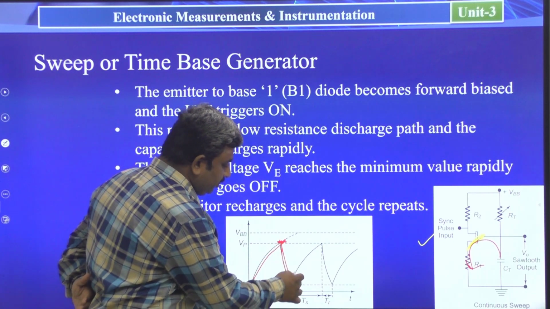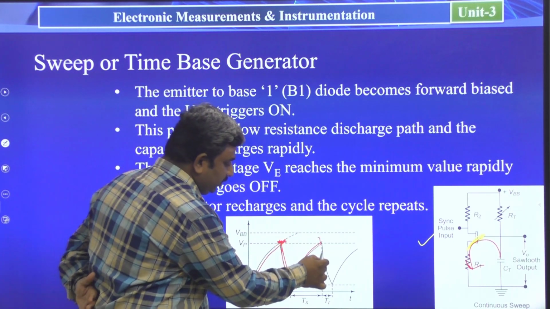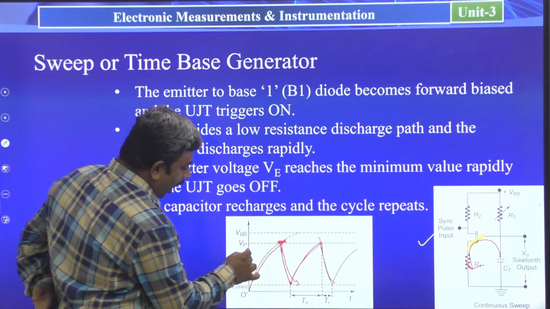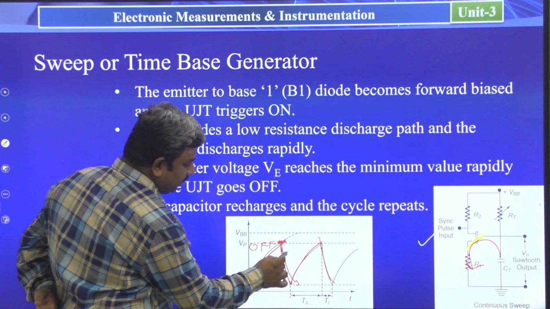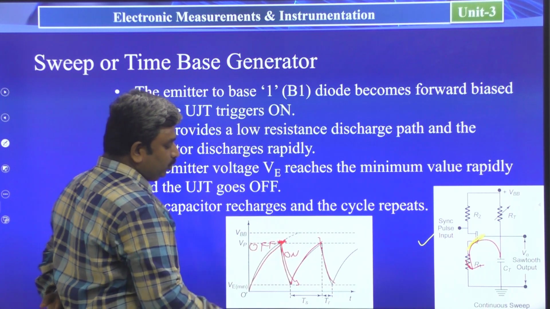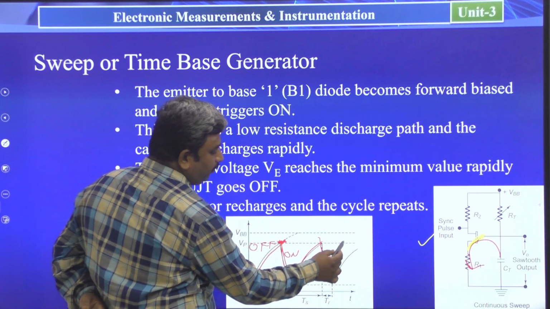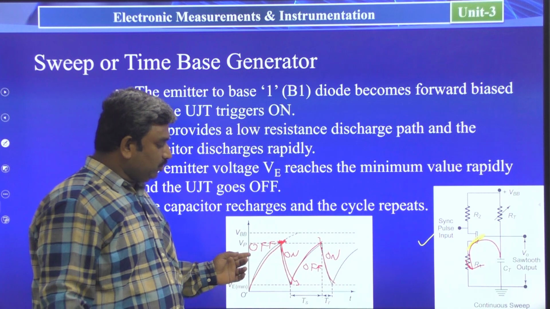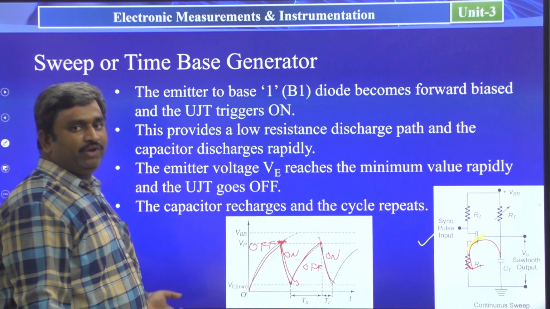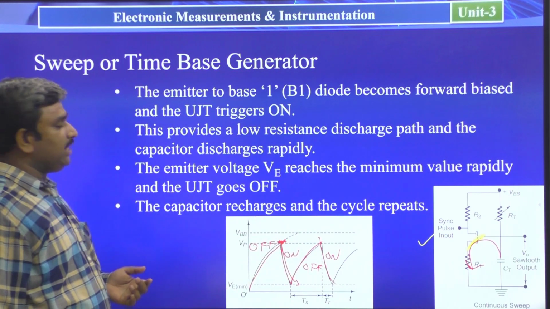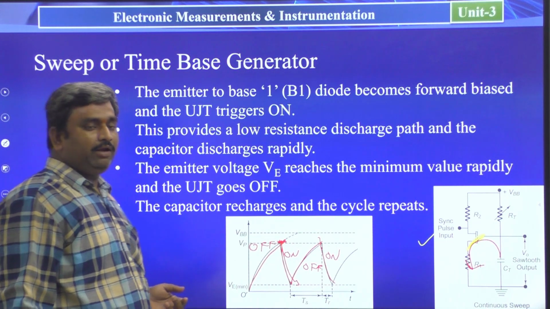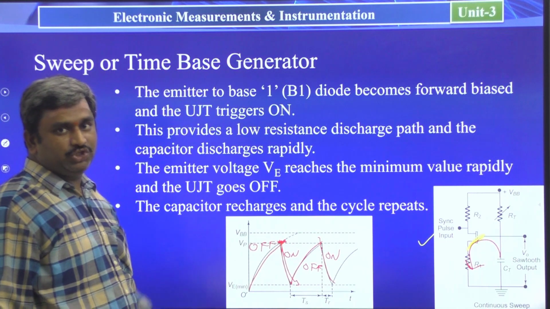Then again the signal is charged, and again discharged. That is the off position of the UJT, this is the on position, again off and again on. So this cycle repeats for a long time. This is a sweep generator, or time-base generator.